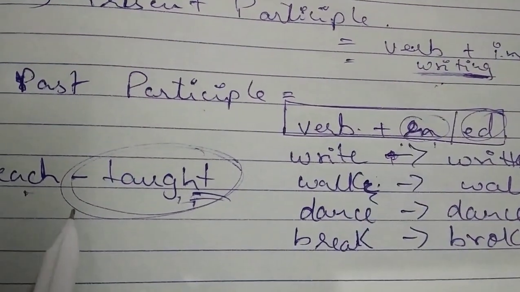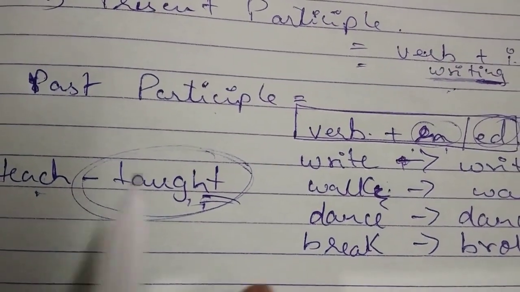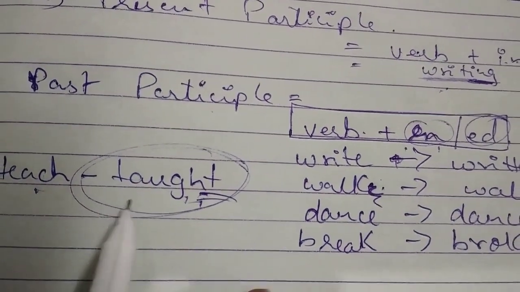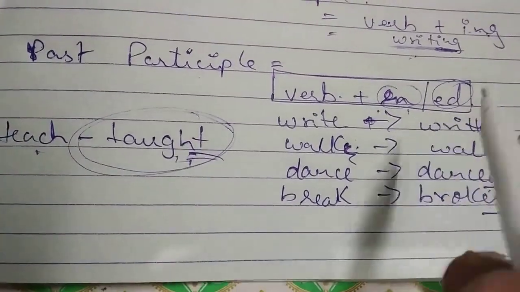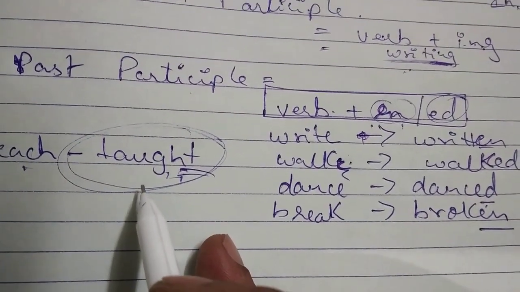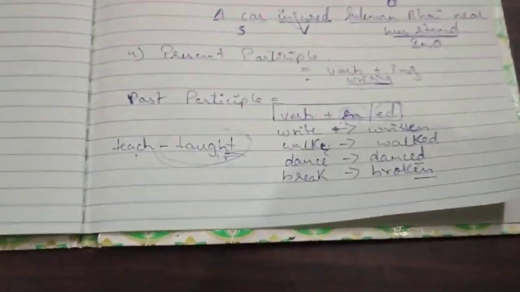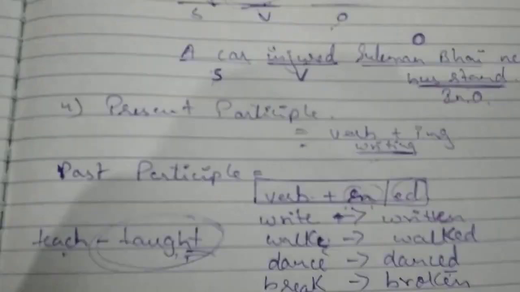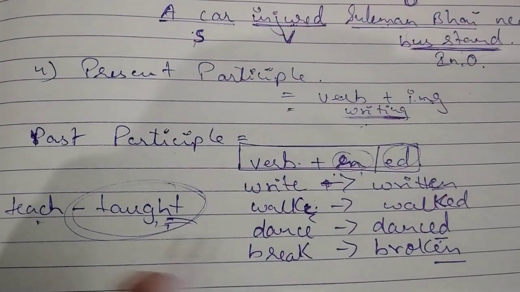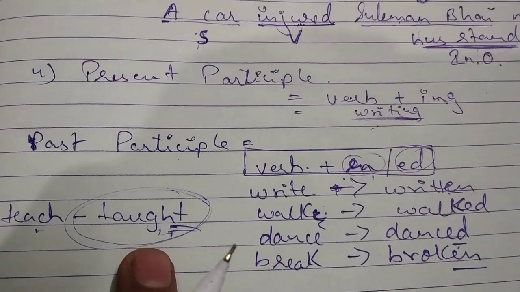There are many other verbs in which en and ed are not added to make the past participle. Clear? You need to keep these verbs in mind. Fine? Teach, taught. No en, ed, but still it is past participle.